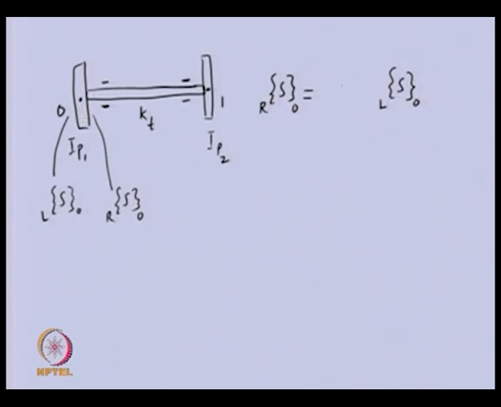So we need to multiply this state vector with the point matrix. We know the form of the point matrix, which we already obtained earlier.